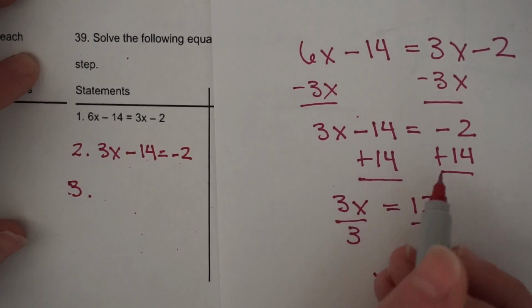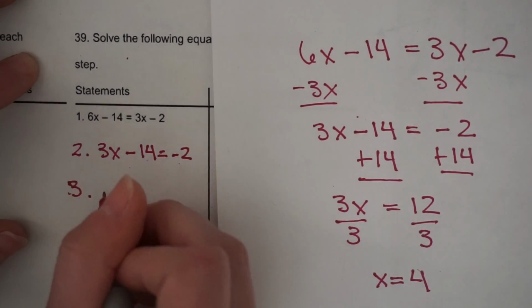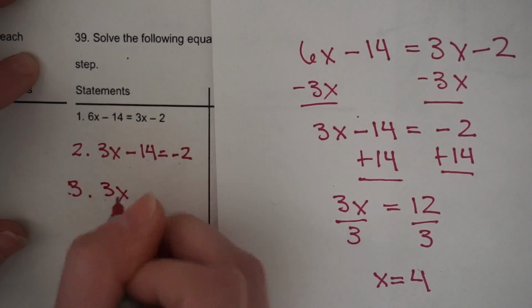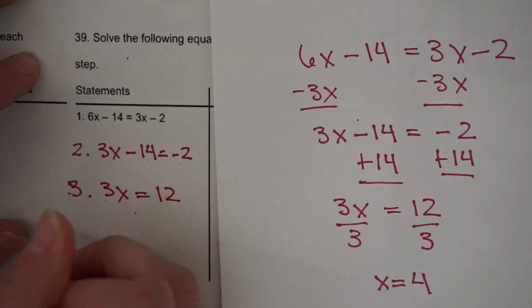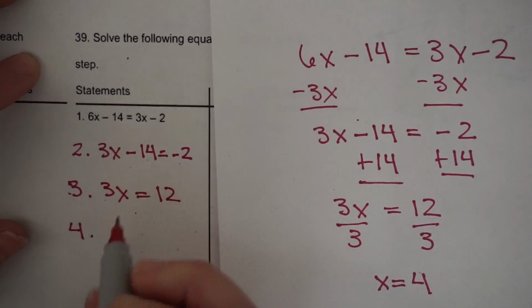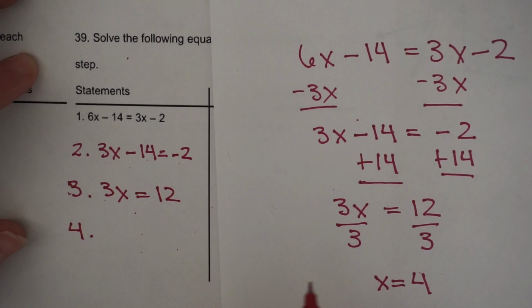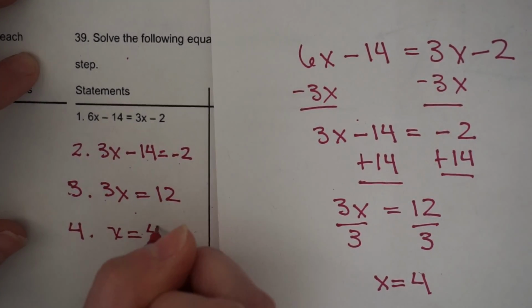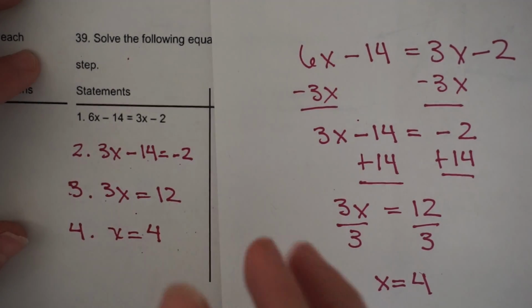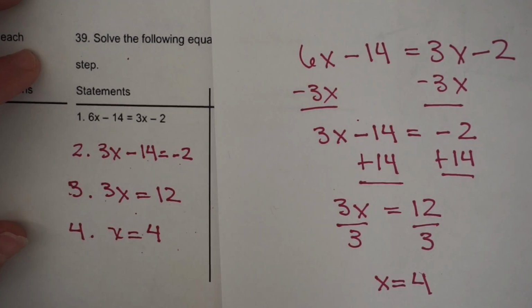We added 14 to both sides, right? So then we got 3x is equal to 12. Then after that, we divided 3 from both sides. Then we got x is equal to 4. Like I said, we're double checking our work when we're using our justification side.